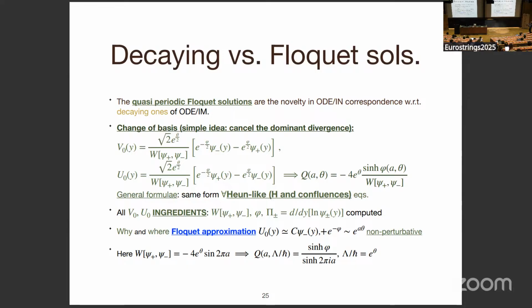And there is also a better understanding of what people call the Floquet approximation, in which you see U0 is directly given by this Floquet discharging fully this other piece, because this is a non-perturbative correction of this kind. It depends on why you cannot be too close to the so-called horizon.